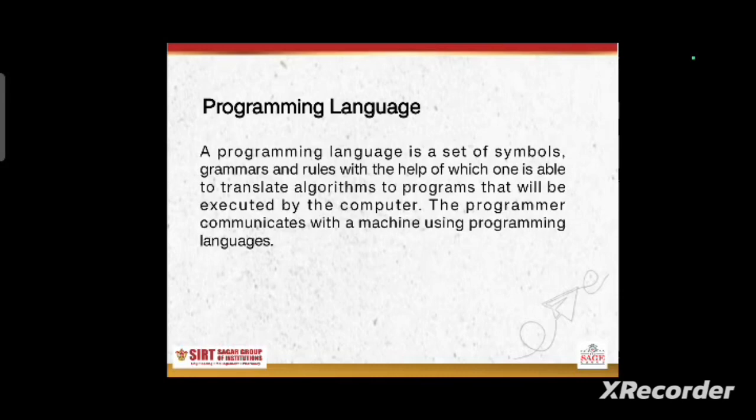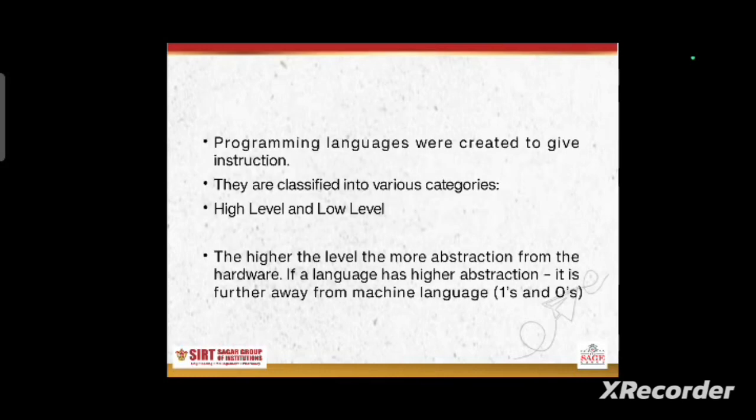So for communication purposes, we use programming, which provides communication between system and user. In programming languages we can classify the languages into two types, that is high level and low level. Firstly, low level languages came, then after that high level languages came.